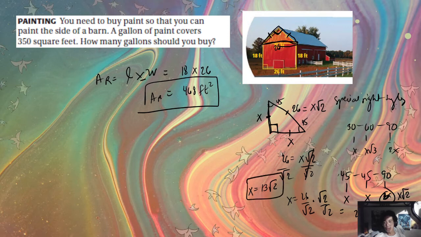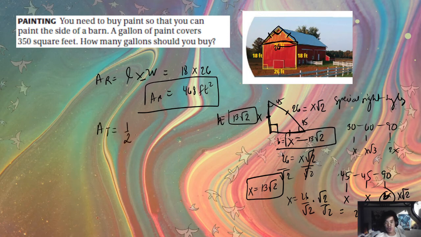So the side measurement here measures 13 square root of 2, and the side measurement here measures 13 square root of 2. This is the base, and then we have the height of our figure. Therefore, we can now solve for the area of the triangle. The area of the triangle is equal to 1/2 the base times the height.